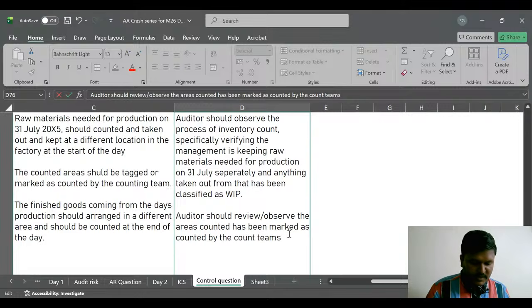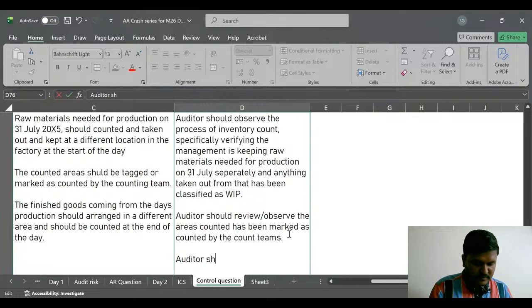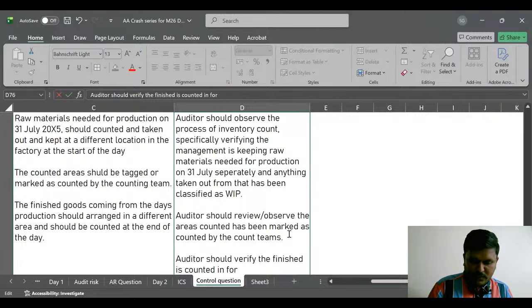Then the third control we have made over here is what? Finished goods. The auditor should verify that the finished goods are counted in the inventory count.